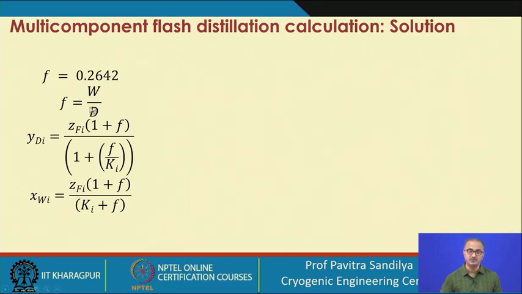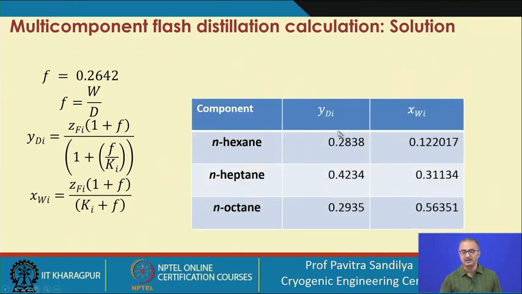This f, as I told you, is the ratio of the liquid to the vapor flow rates, and then we use this formula for finding out the vapor composition and the liquid composition. Once we plug in the values of f and the ZFI, we find these are the values of the vapor mole fractions and the liquid mole fractions of these components.